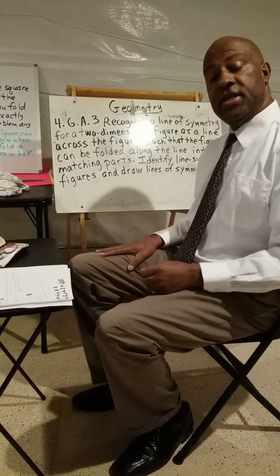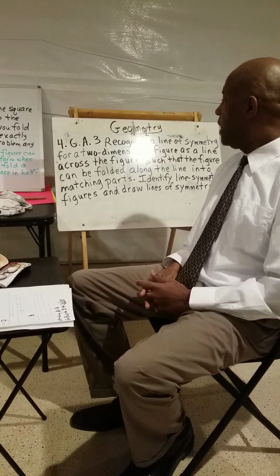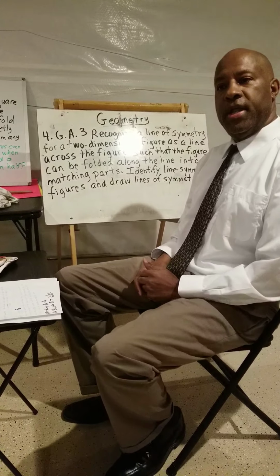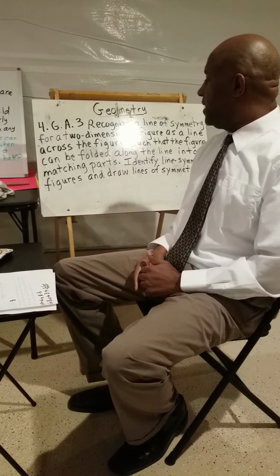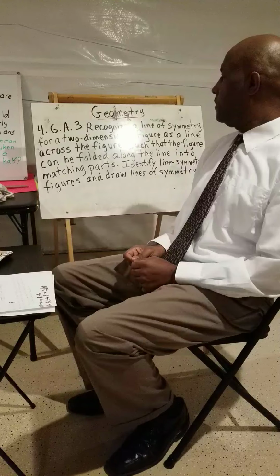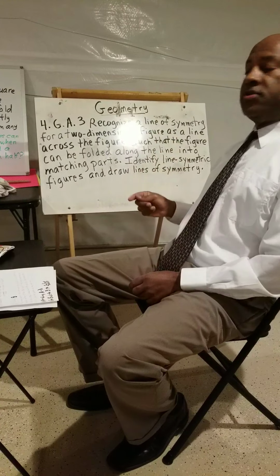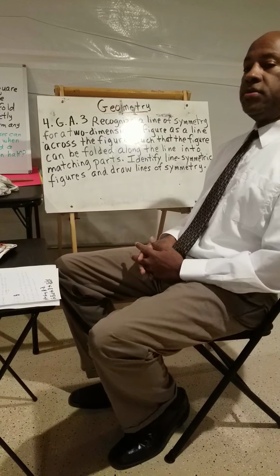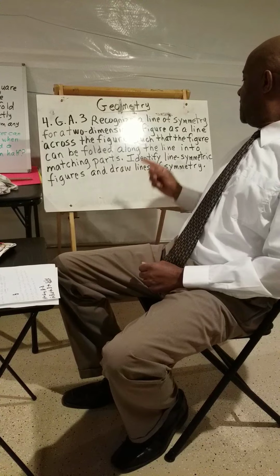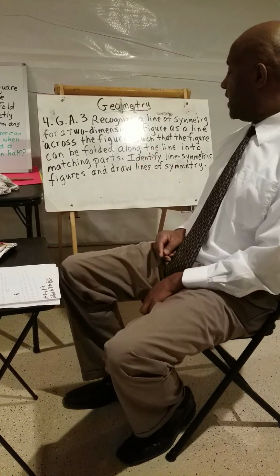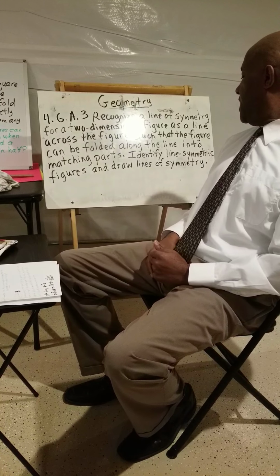So to get started, once again, we're dealing with geometry. And the standard for today, boys and girls, is 4.G.A.3, and that is recognize a line of symmetry for a two-dimensional figure as a line across the figure such that the figure can be folded along the line into matching parts.